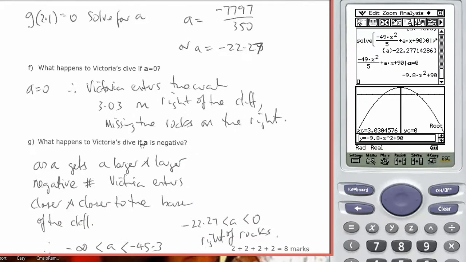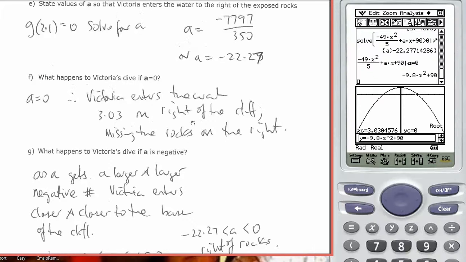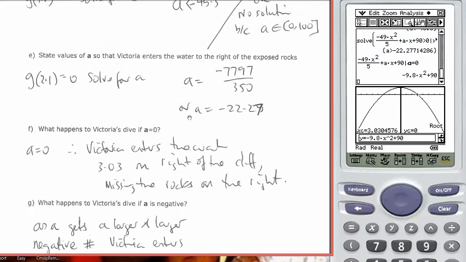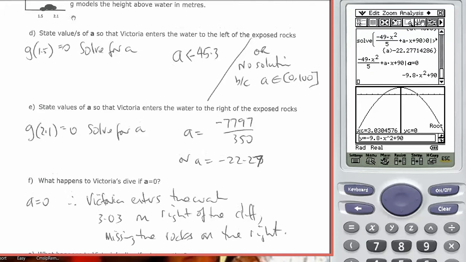What happens to Victoria's dive if a is negative? Well, she enters at 3.03 if a is 0. If a is negative, like these values, she'll either enter to the left of the rocks, on the rocks, or to the right of the rocks, but not further than 3.03 meters.